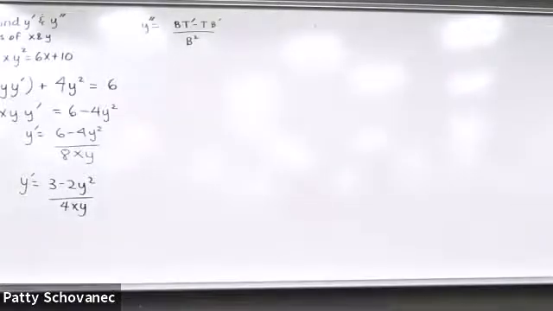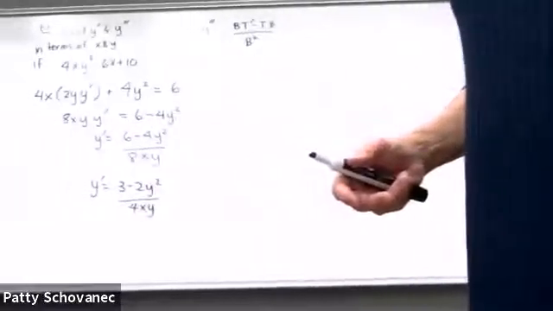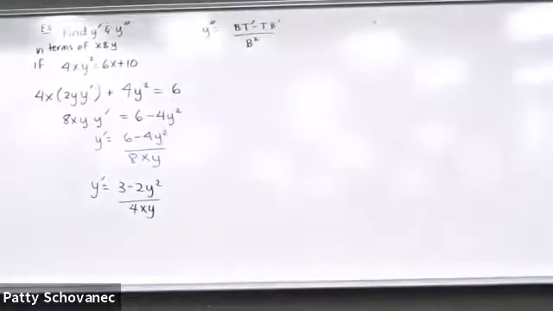So after you do the quotient rule, you're gonna have an x, y, and y prime on the right-hand side.